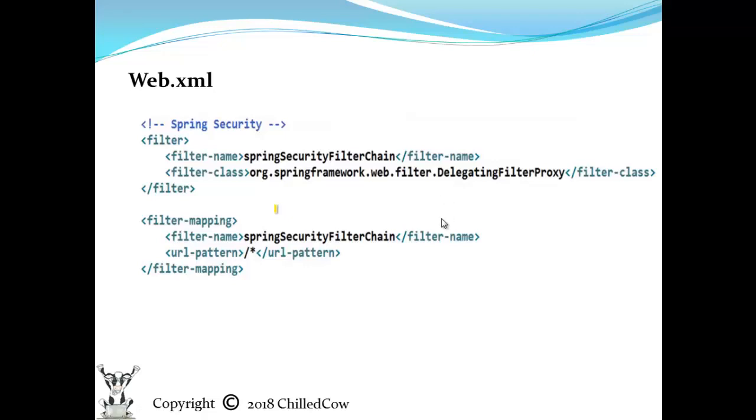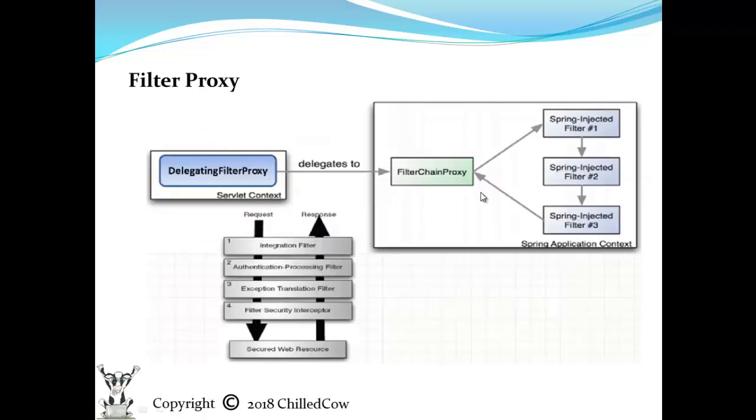Okay, now after understanding the delegating filter proxy, there is one more component, the filter chain proxy. What exactly is this and why do we need it? When we have multiple filters, multiple filter beans or POJOs, then we need to provide a separate mapping with the delegating filter proxy for each filter in web.xml.